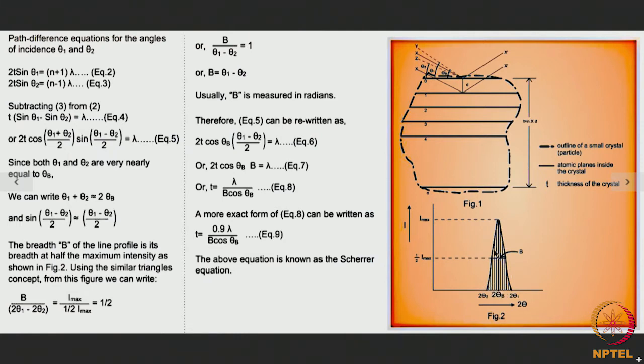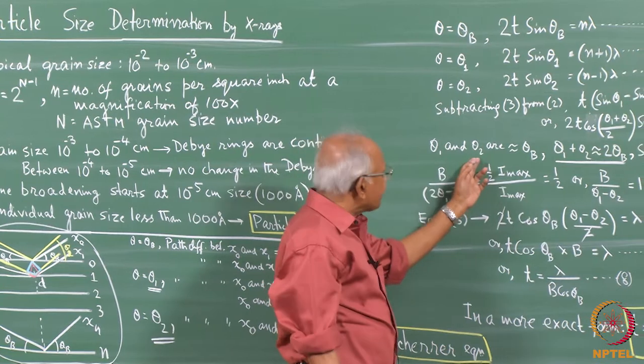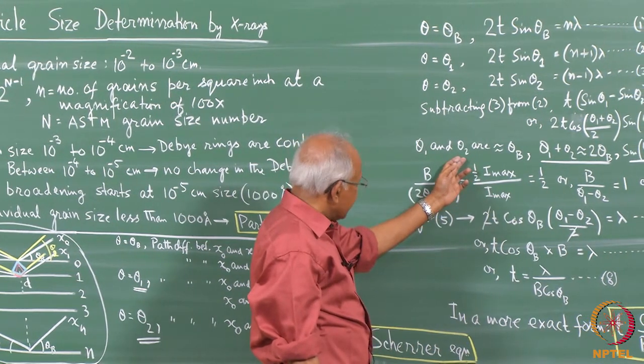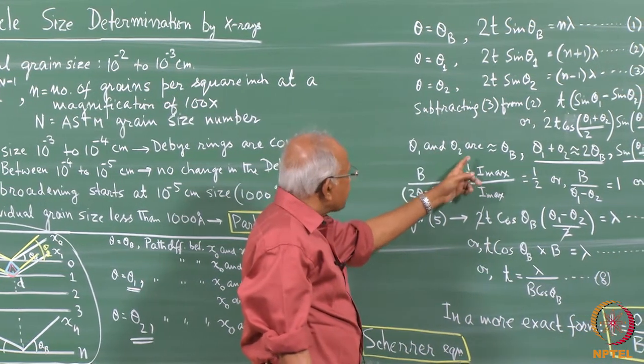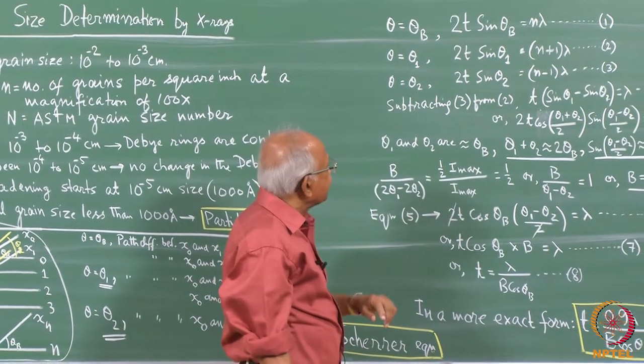I have shown it on a much magnified scale, but the angular range within which we get a reasonable amount of intensity will be very, very small. So, you see that theta 1 and theta 2 are not much different from theta b, and so each one of them can be written as almost equal to theta b.